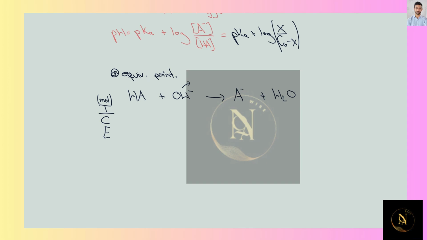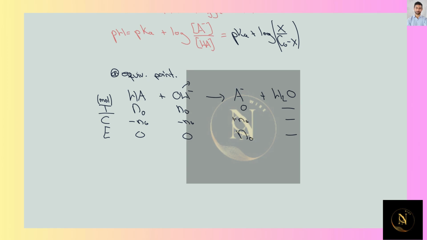So, at the equivalence point, your ICE table looks like this. N0 is my initial amount of moles of HA. We're going to add the same amount, so the change is minus N0, and plus N0 for A minus. So of HA, I'm going to have something close to 0, and I am only going to have, in principle, A minus, correct?